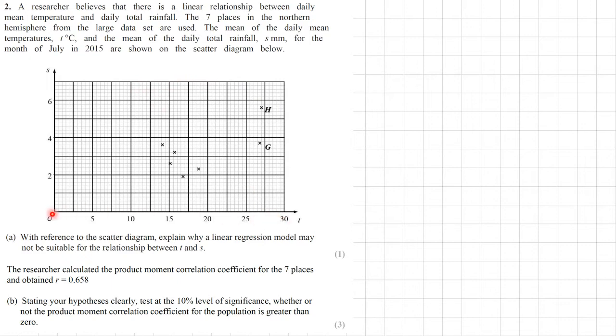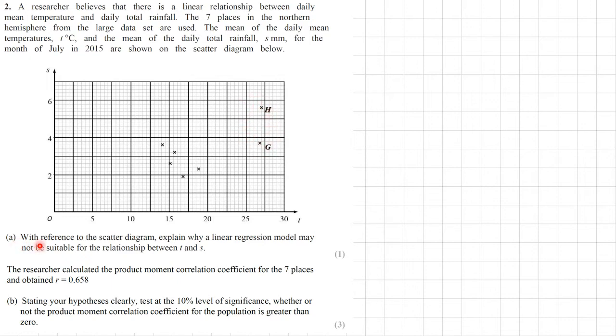So T for temperature and S for the rainfall. And before I even answer the question, I'm looking at it, I can see maybe a positive correlation. These two look like outliers, so maybe if I took those out, it's looking like a negative correlation if those are taken out. And they're labelled, so maybe I need to make some comment about these two in a moment.